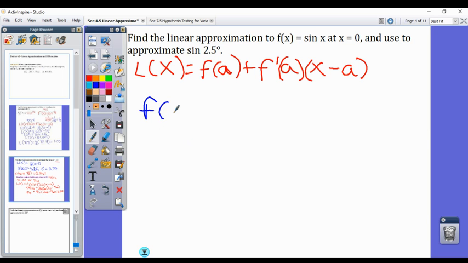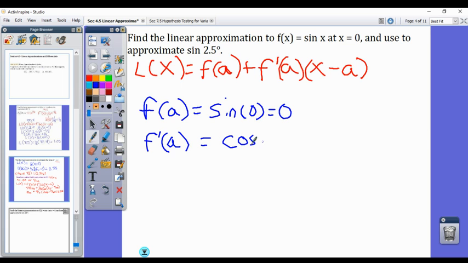f of a, which in this case is sine at 0. And if you remember, or you look at your unit circle, that's going to be 0. Now, the derivative of sine is cosine. So cosine at 0 is 1. All right, so now I've got my pieces to plug into my formula.